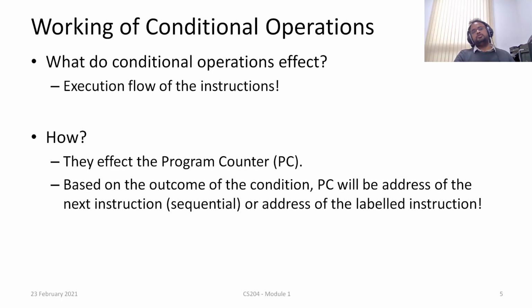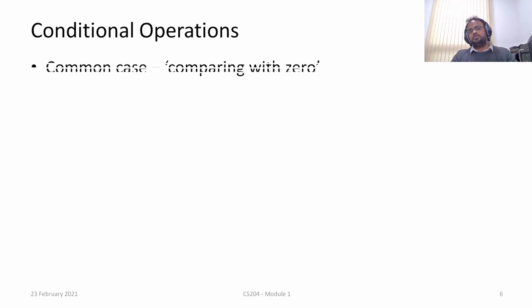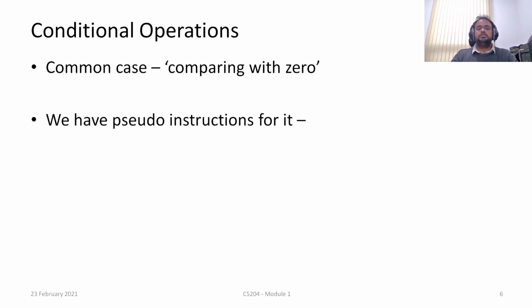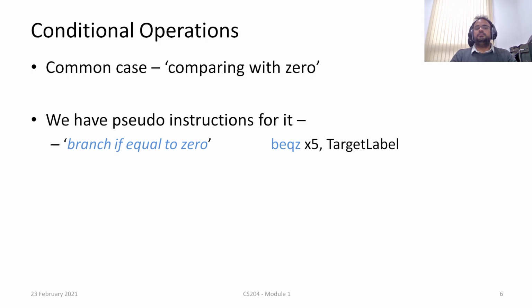So what we have seen so far is equal to check or not equal to check, right? In addition, we also have the common case scenario where we might sometimes need to compare a value or a variable with 0. So we have some pseudo instructions for it. Branch if equal to 0 is a pseudo instruction, and beqz is the mnemonic for it.